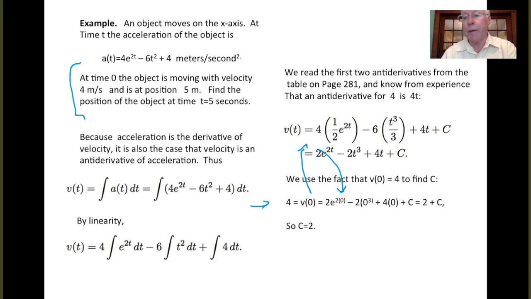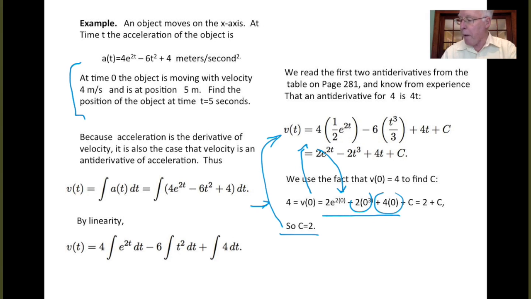That's all written out down here. And that calculation gives us just 2 plus c, because these two terms here become 0. And we can then solve for c, and c is 2.